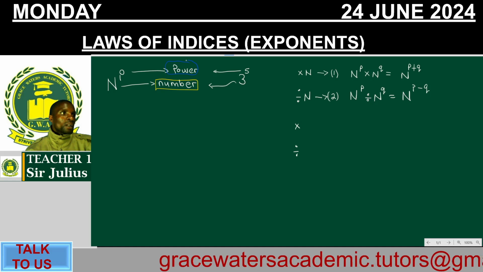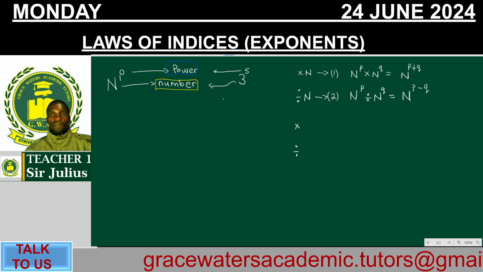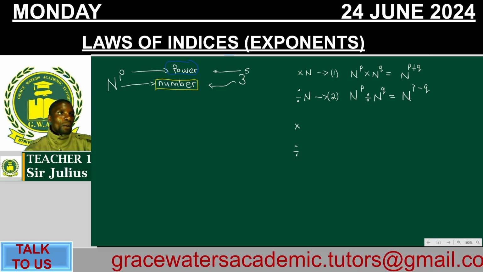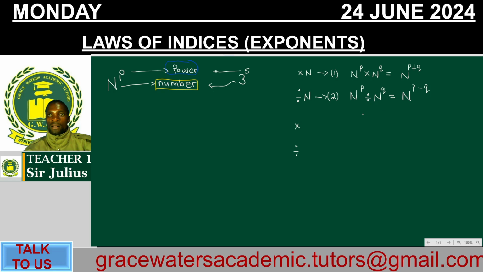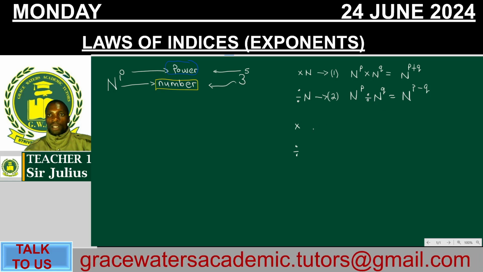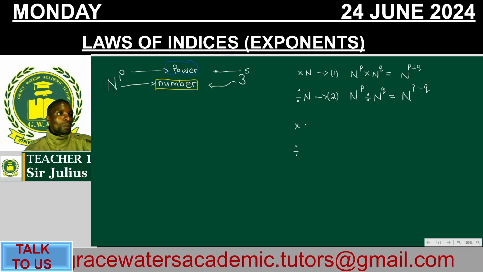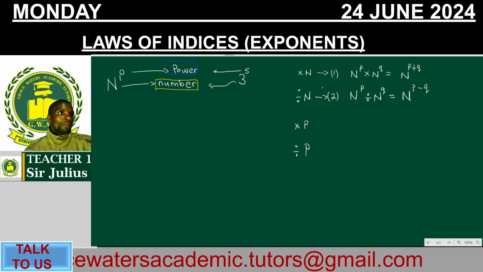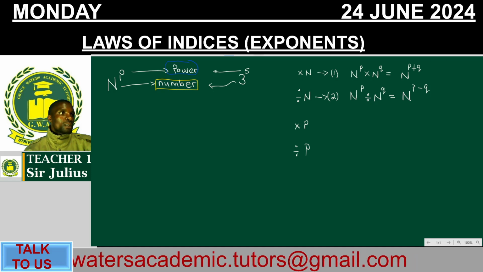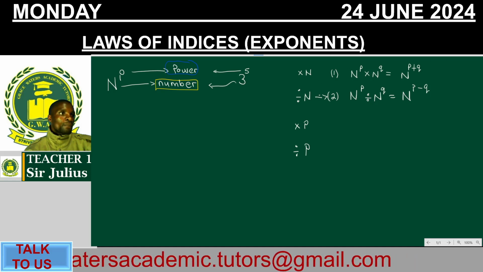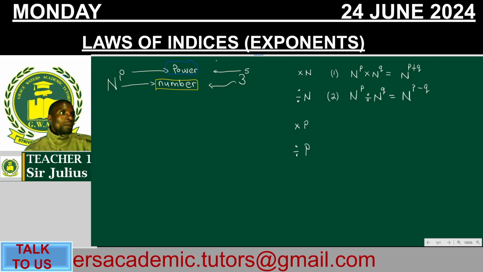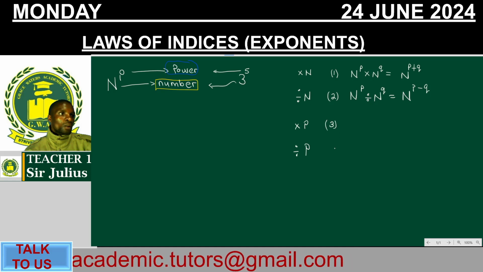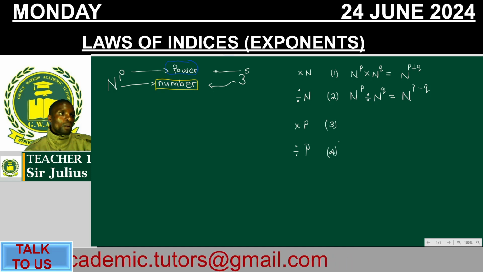So let us say we are now multiplying and dividing p, the power. This leads us to law number 3 and law number 4.